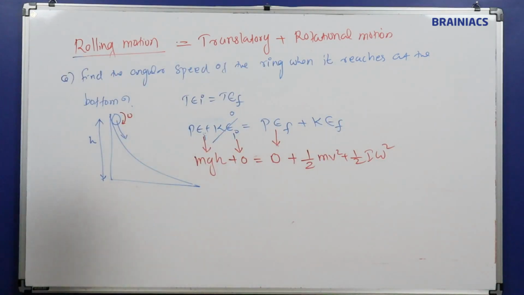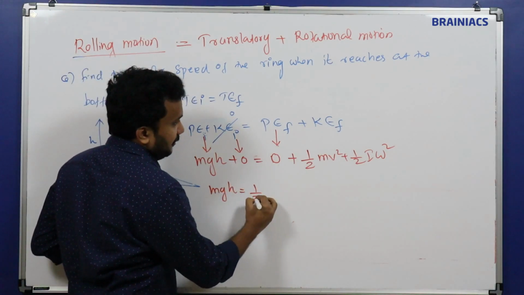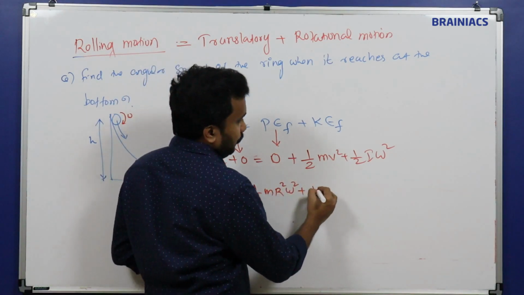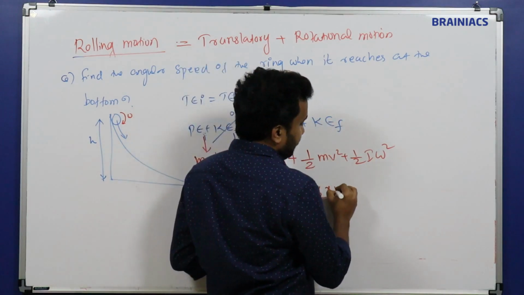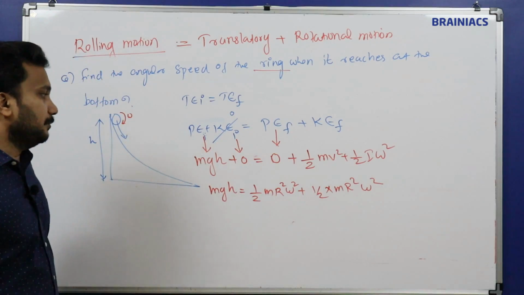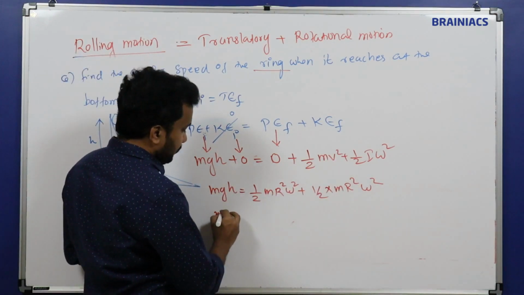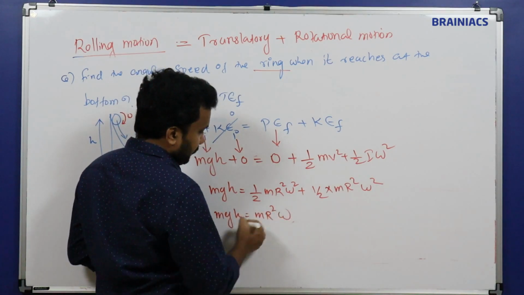So mgh equals half m r square omega square plus half times the moment of inertia of a ring. It is a ring, so the moment of inertia is m r square. So half m r square omega square plus half m r square omega square, which becomes mgh equal to m r square omega square.